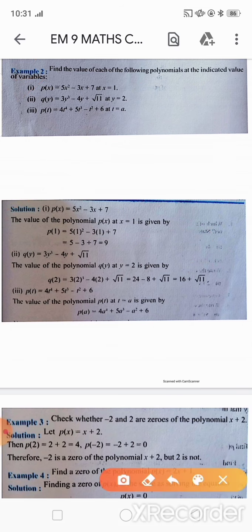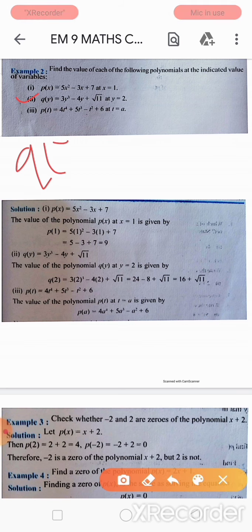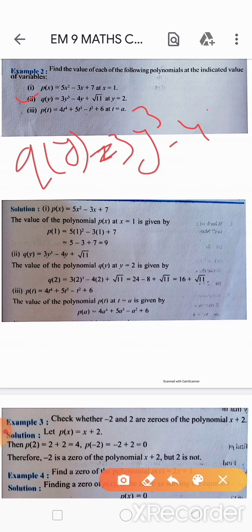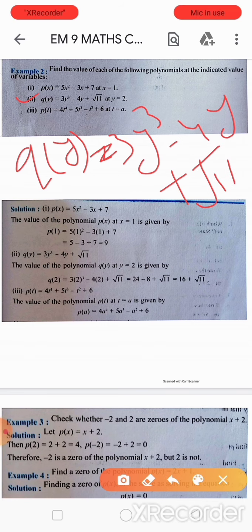Next, question number 2: our polynomial is given by q of y is equal to 3y cube minus 4y plus root 11, and we have to find the polynomial value at y is equal to 2. So we substitute y equal to 2 in our polynomial, then we get q of 2 is equal to 3 into 2 whole cube minus 4 into 2 plus root 11.